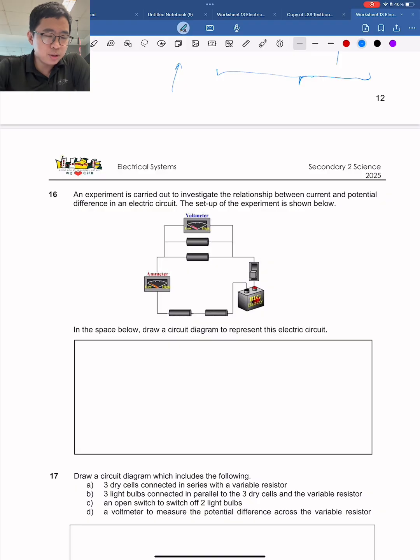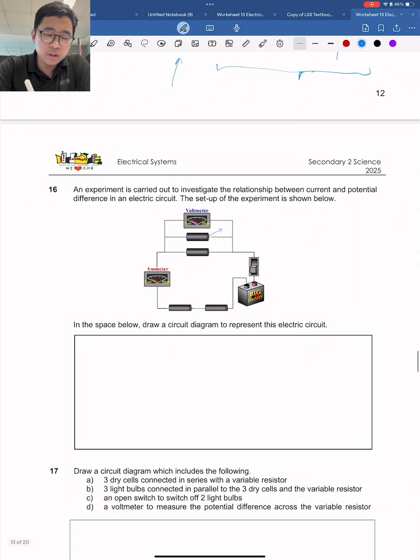Okay, so question 16. Please learn how to draw a circuit diagram. If in a test you're unable to identify some of the things, let's say you are unable to identify what this is, do raise your hand and ask. We will provide some sort of clarification. So these things that look like cells are actually not cells, they're actually resistors.